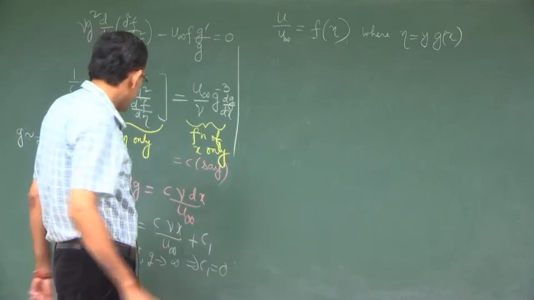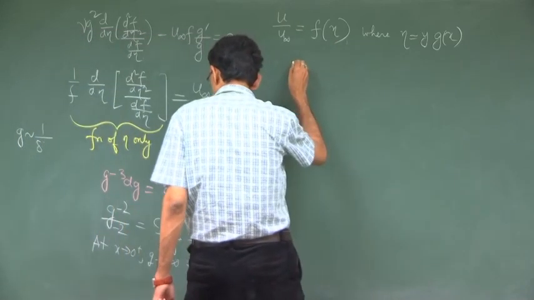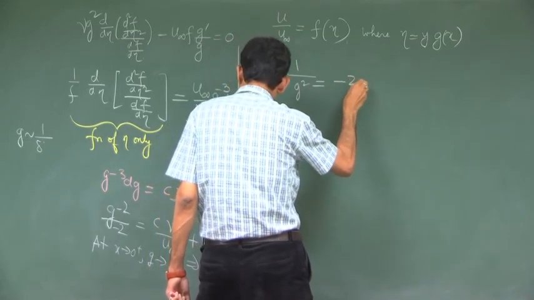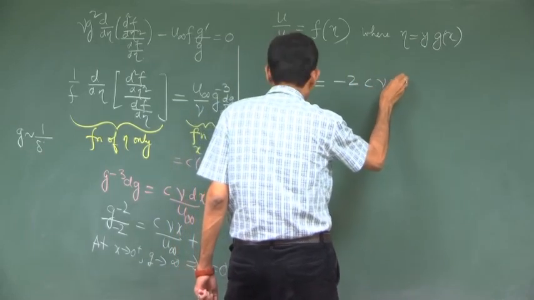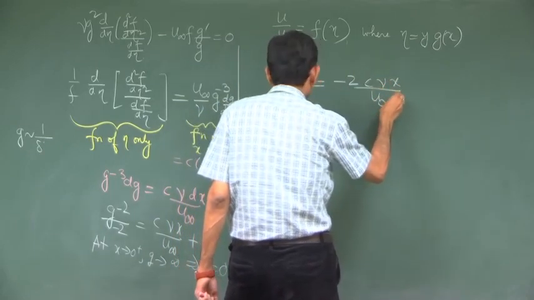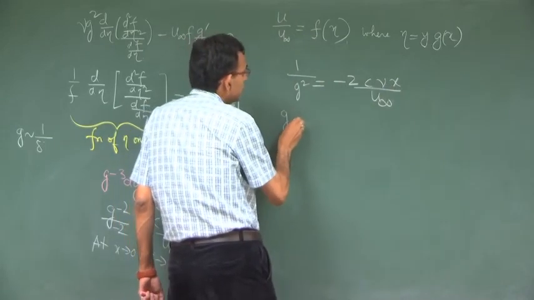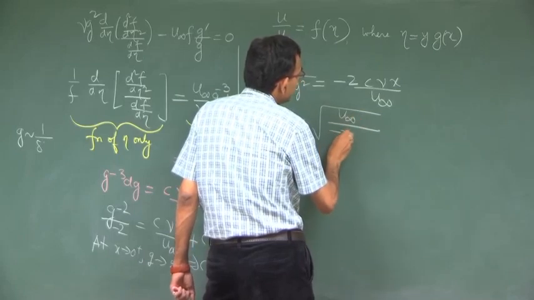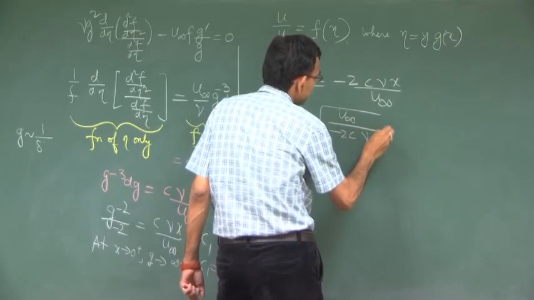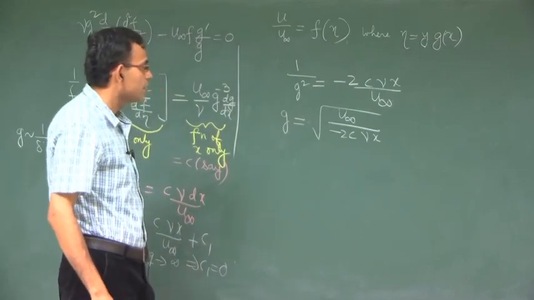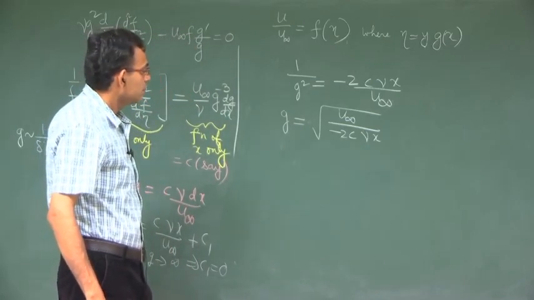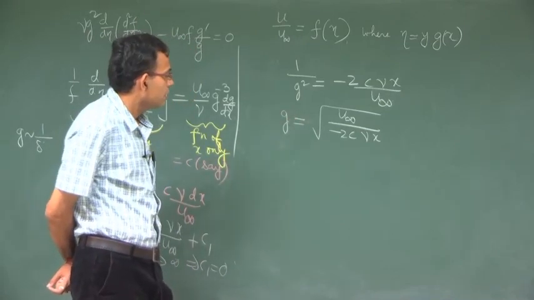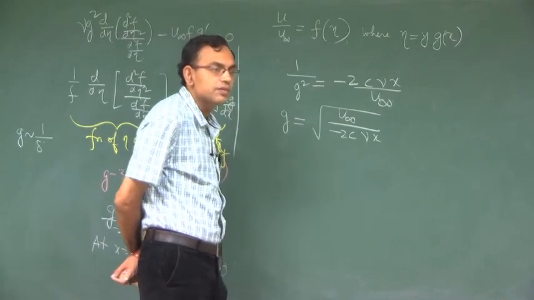So, that means you can write 1 by g square is equal to minus 2 c nu x by u infinity. So, g is equal to square root of u infinity by minus 2 c nu x, right. So, from here what can you conclude about the value of c?